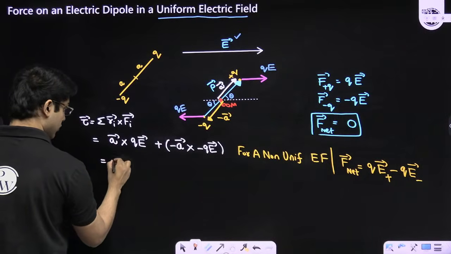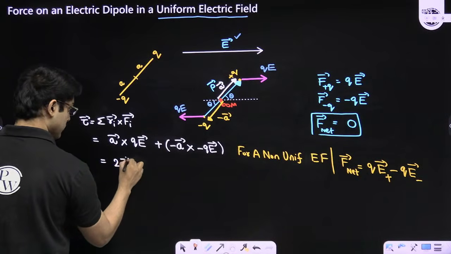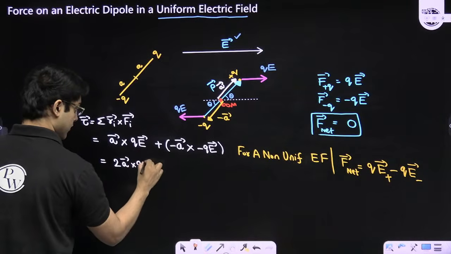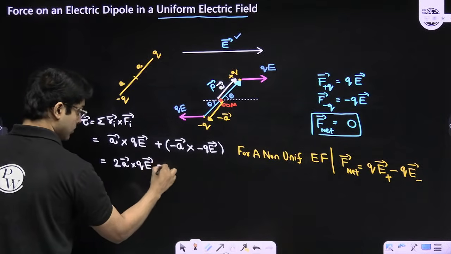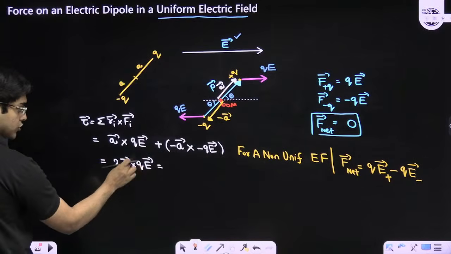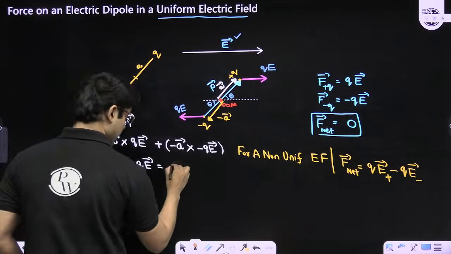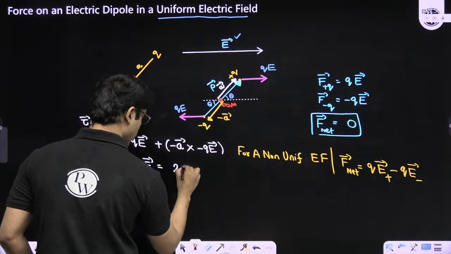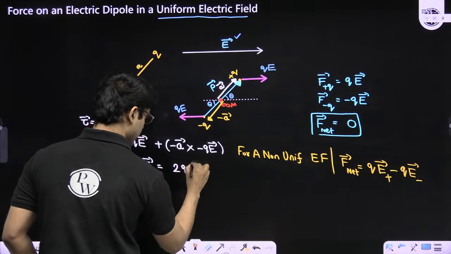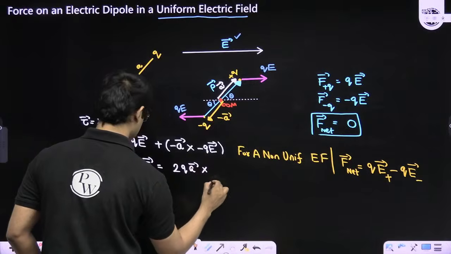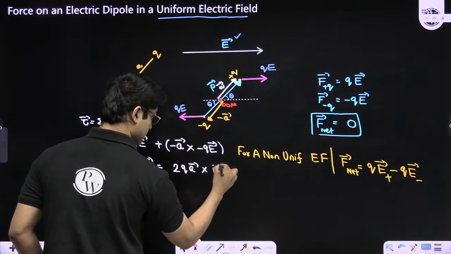So this will become 2A vector cross qE. Now we will do some tricks here. We take the charge q, which is a scalar, and place it here. And this becomes 2q times A vector cross E vector.